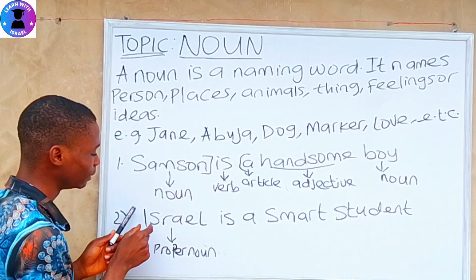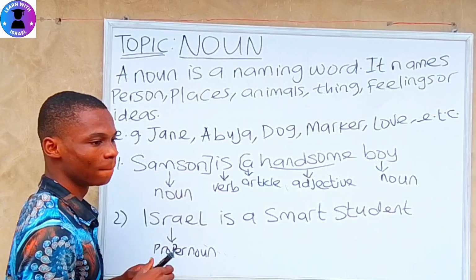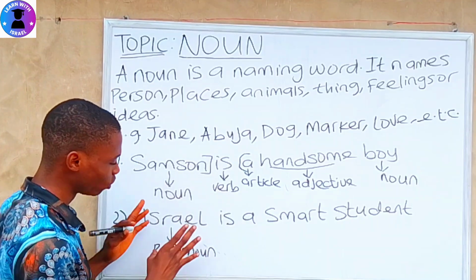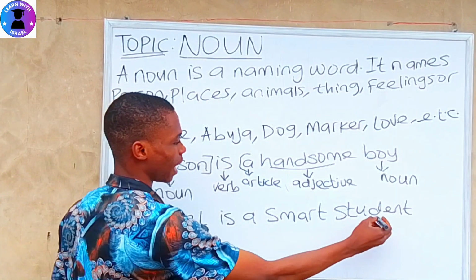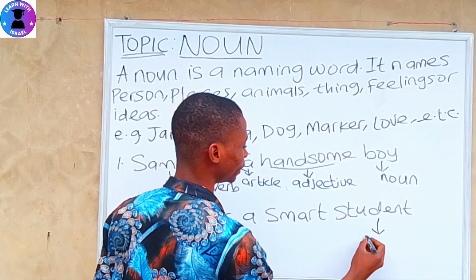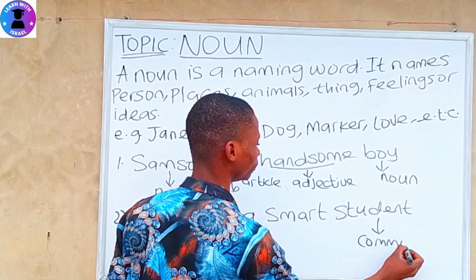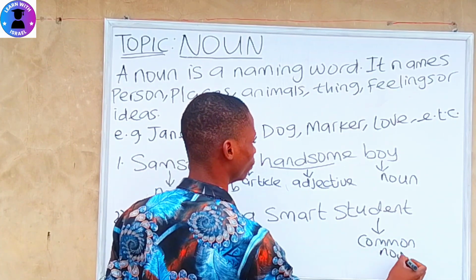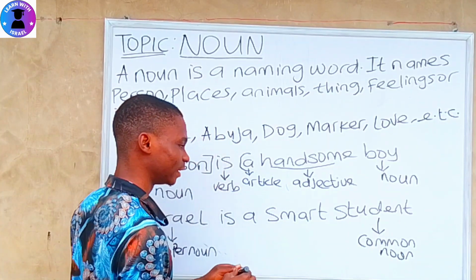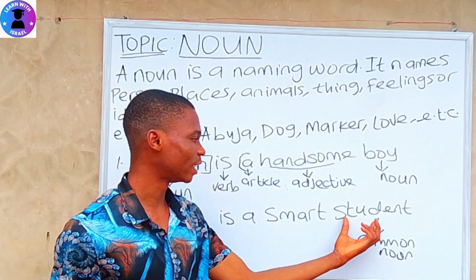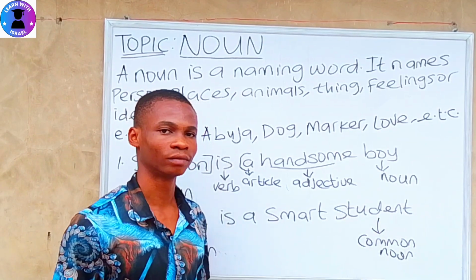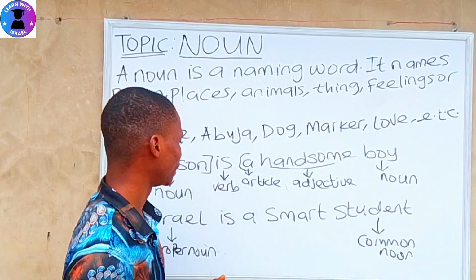Because it is starting with capital letter. For those that don't know the meaning of proper noun, I'm still going there. So just be patient. You will understand this better now. And student is a common noun. It is generalized. Common noun is a general term for a noun. So student here is a common noun. I hope you understand that now.